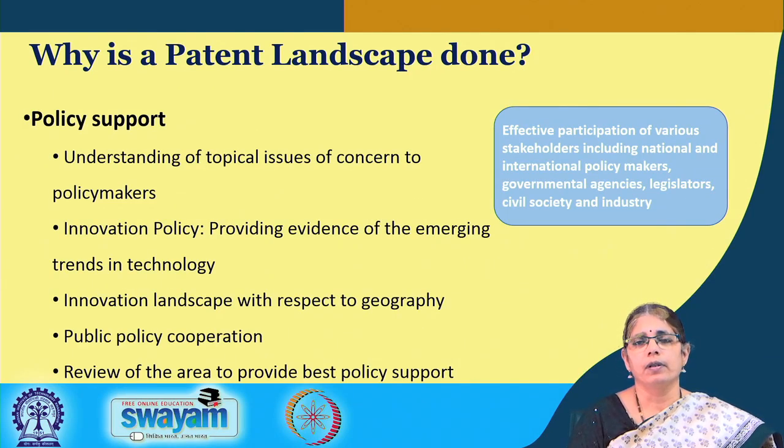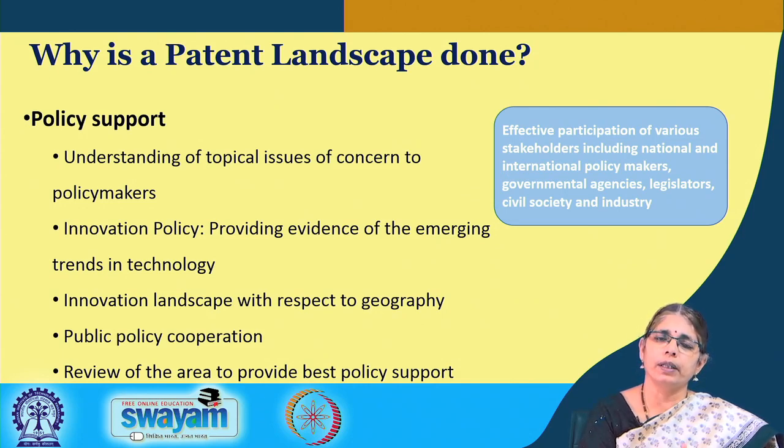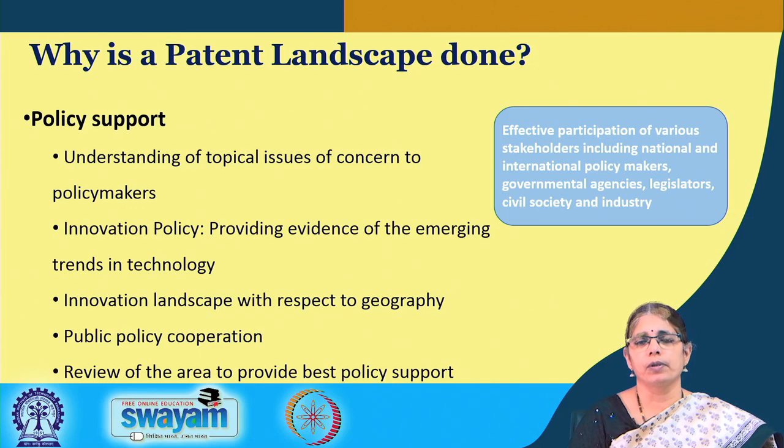Patent landscapes are also useful for policy support. Unlike the other types of patent search that we have visited so far, from the point of view of patentability searches and FTO searches, patent landscape search is something which is very useful for even policy makers. And let us understand how it helps the policy makers.